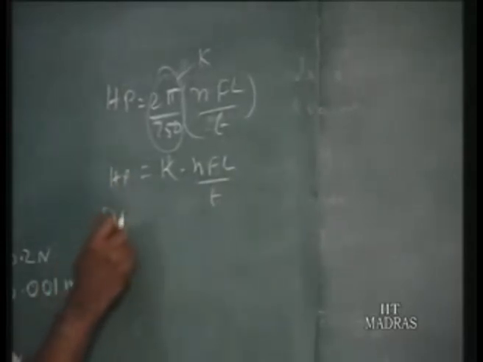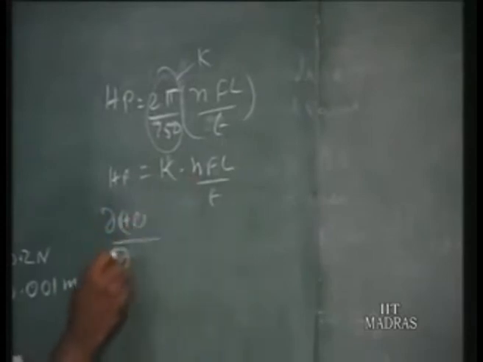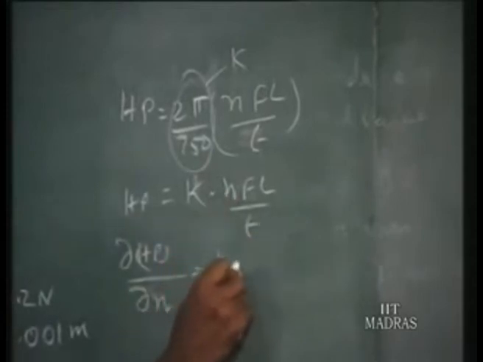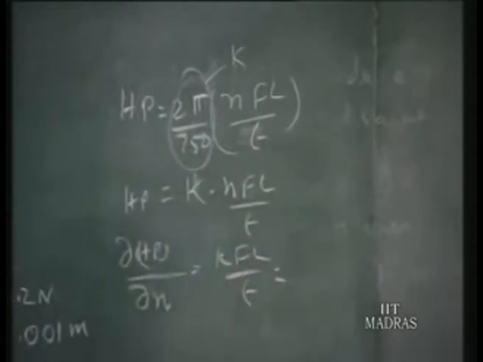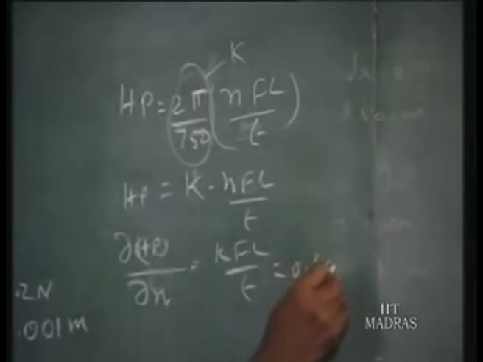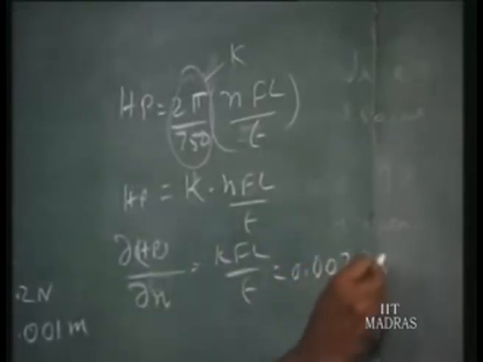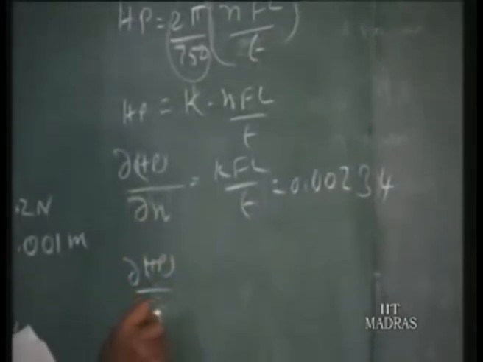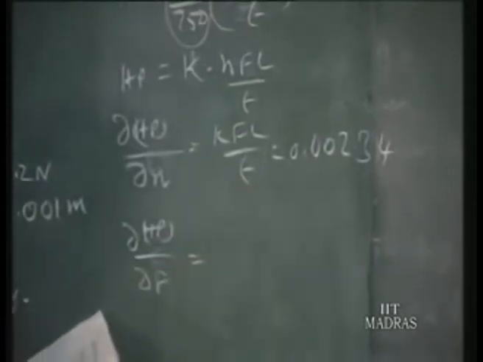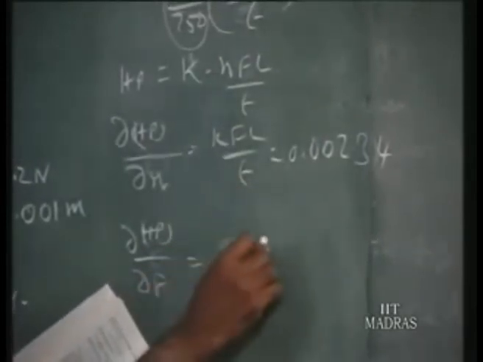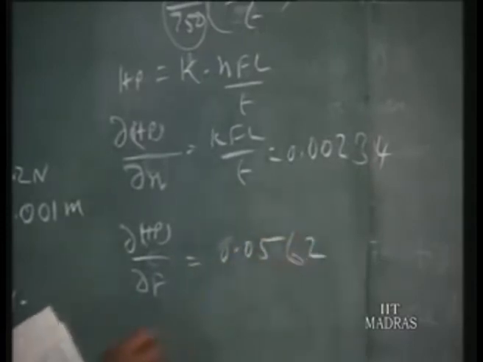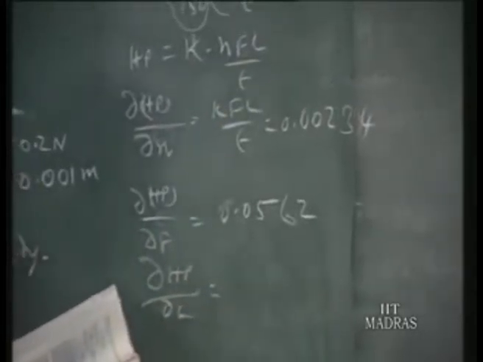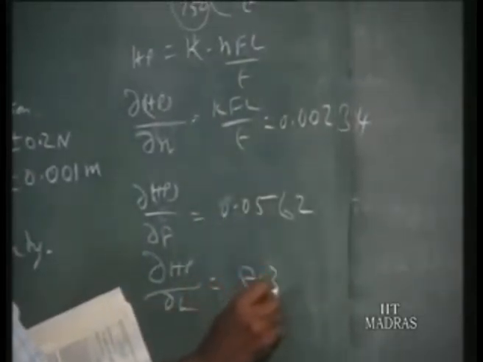Now dou Hp by dou N is equal to k F L by T, which is calculated already, 0.00234. Similarly, we find the other derivatives: dou Hp by dou F is about 0.0562, and dou Hp by dou L is equal to 8.39.